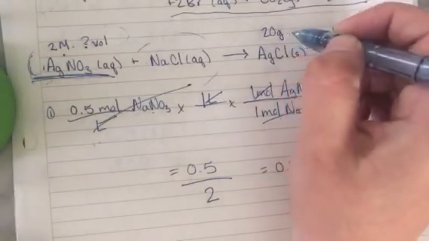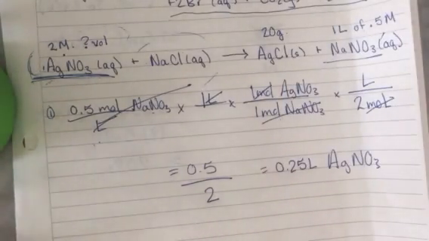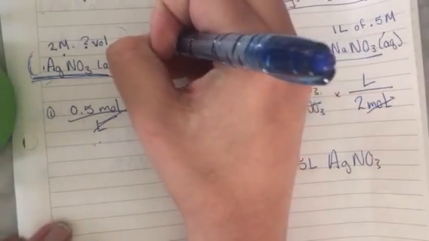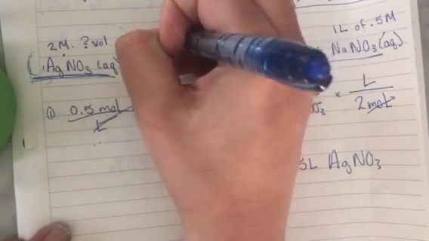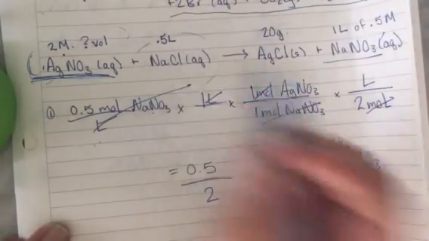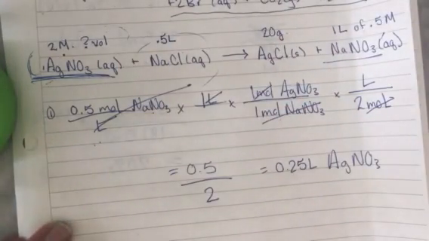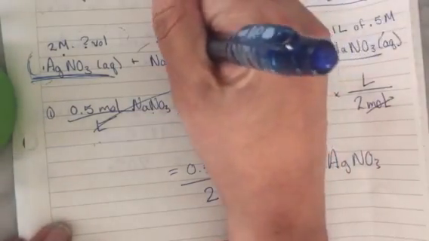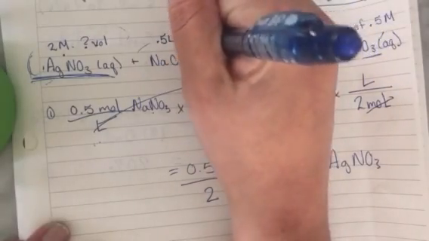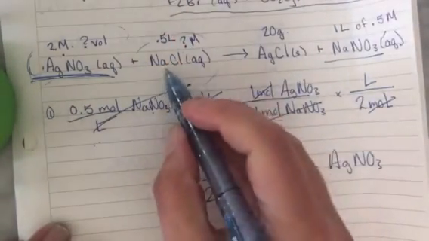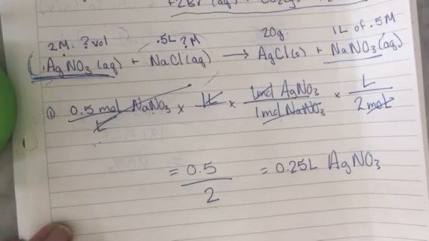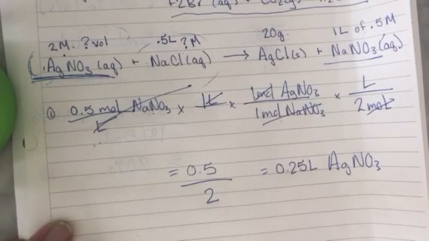If I have 20 grams that came out of this reaction, and I know that I used 1/2 liter of sodium chloride to get it, what is my concentration or molarity of my sodium chloride solution?